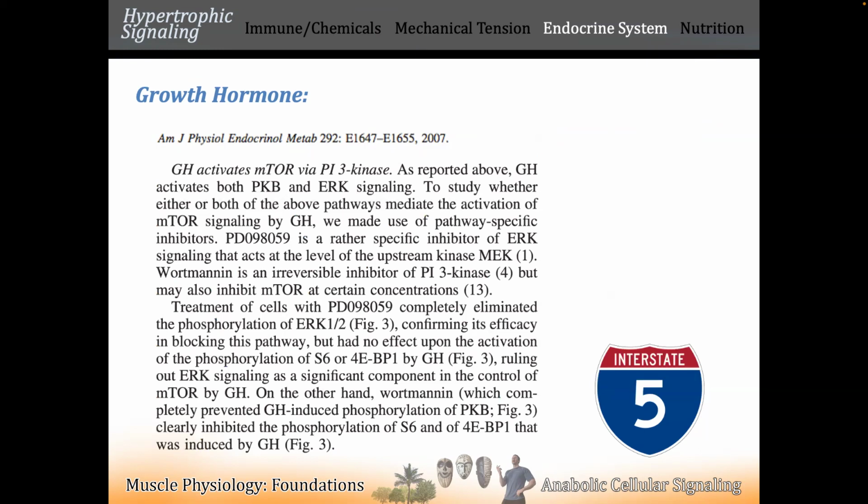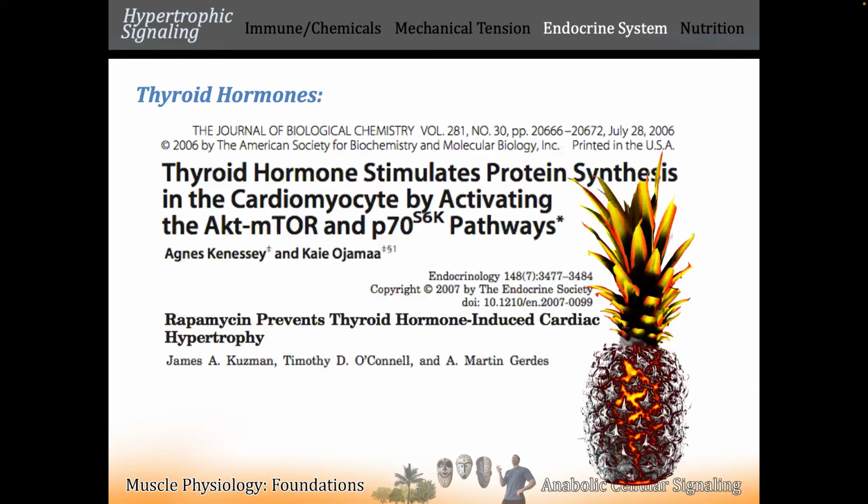And that's how most of these hormones work. It's the I-5 of hypertrophic signaling: PI3K, PKB, mTOR. So if you take wortmannin, a PI3K inhibitor, and you take growth hormone, you're not going to grow despite the growth hormone. All right, moving on to thyroid hormones.